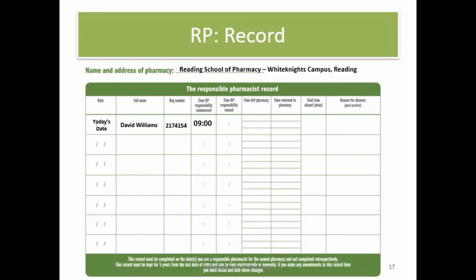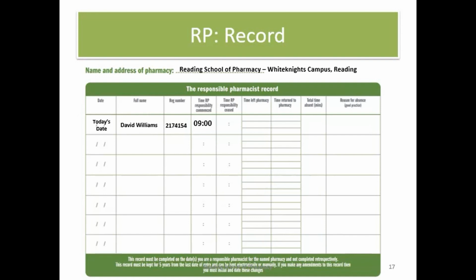So this is a makeshift responsible pharmacist record. Okay, now in terms of what happens on these records, you will have a bit where you would need to demonstrate today's date. So you'd enter the date that you commenced your responsible pharmacist duties. You would then put in your full name.